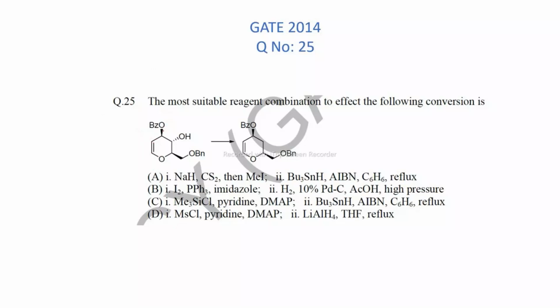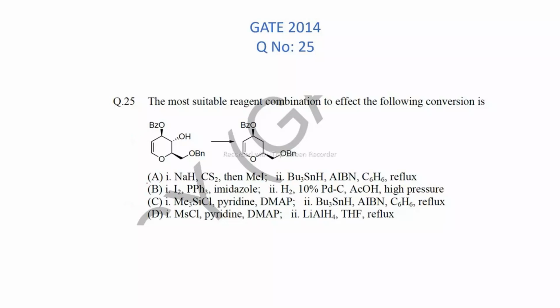One free hydroxy group is there, and one benzyl group is there. So both benzyl and benzoyl groups are there, and what they have done, they have done the deoxygenation of this secondary hydroxy group, keeping intact OBz and OBn, and this double bond also. So we have to find out which option is correct.